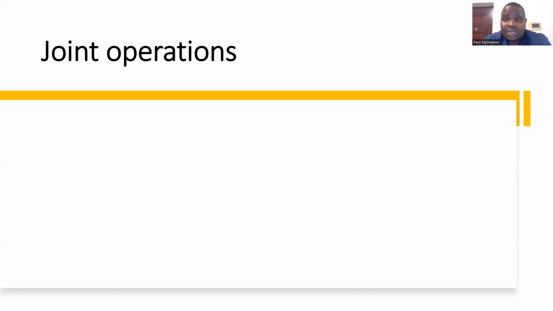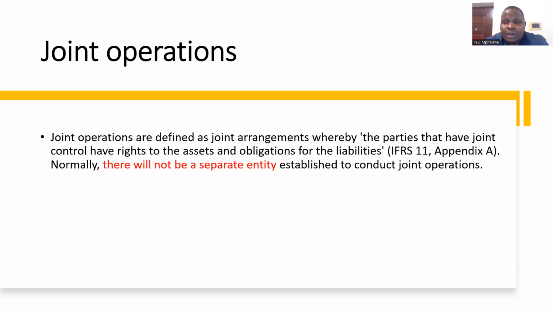So let's look at what a joint operation entails. A joint operation is defined as a joint arrangement whereby the parties that have joint control have rights to the assets and obligations for the liabilities, according to IFRS 11 Appendix A. Normally, joint operations are not a separate entity.